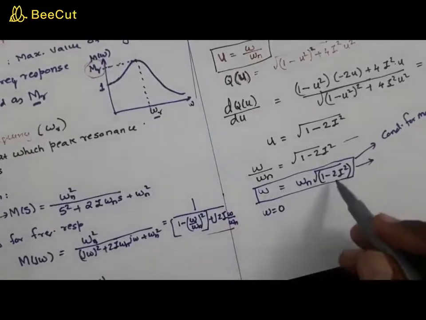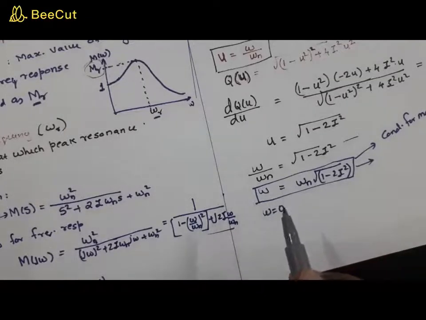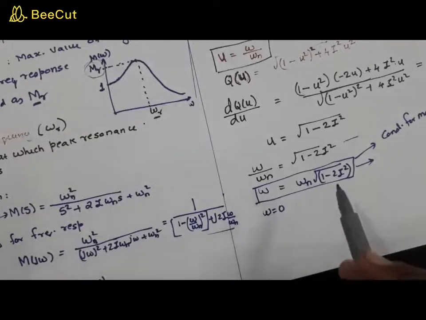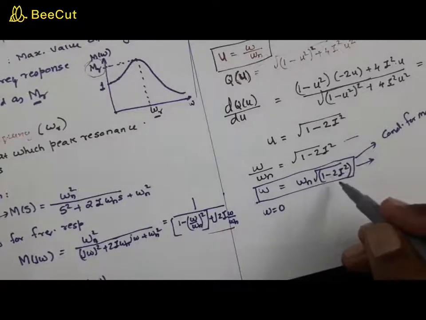Once it becomes negative, this becomes imaginary. Omega cannot be an imaginary quantity. Even though omega is plotted on the imaginary axis, omega as such is not an imaginary quantity. So we need to find out at what point of zeta this whole value becomes equal to 0.